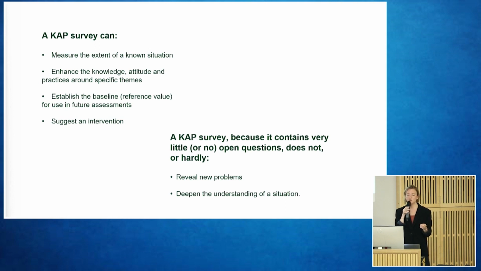But it doesn't reveal new problems or deepen the understanding of a situation. It can only go in a flat line because, again, you're developing these questions where it's something that you already know. You're asking questions about a situation that you're already aware of.